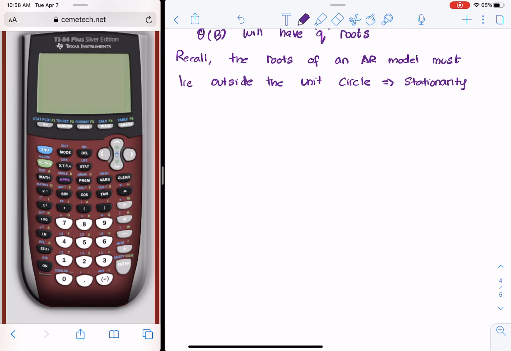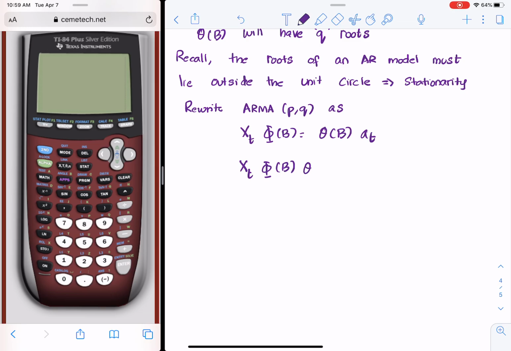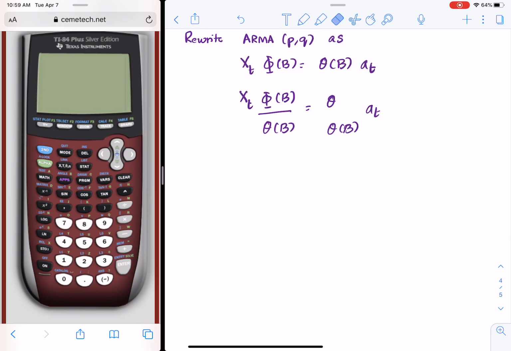So if I rewrite the model, I'm going to divide both sides by theta of B. So those two would go away.